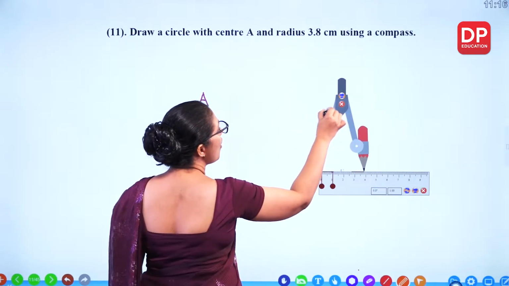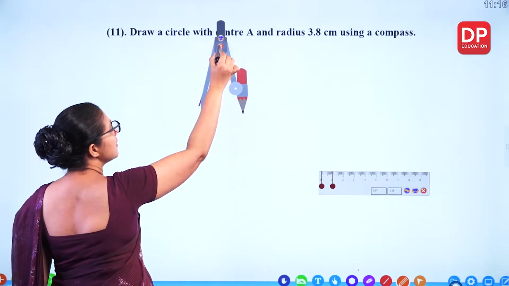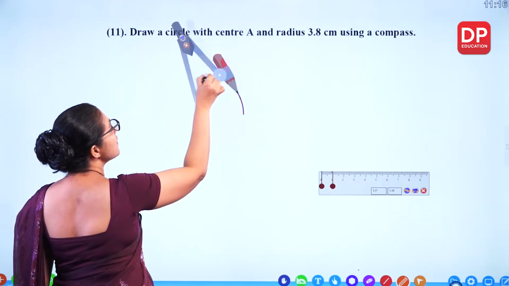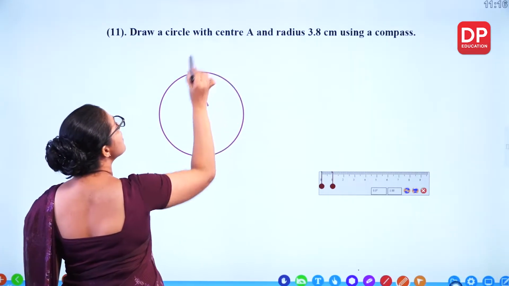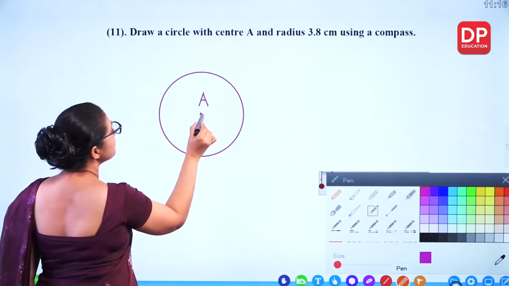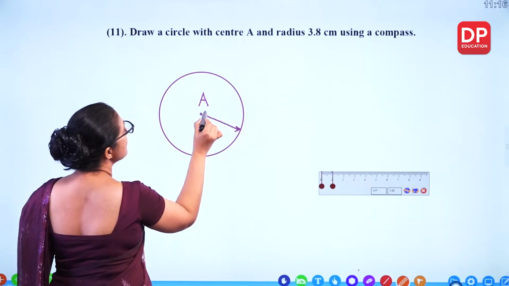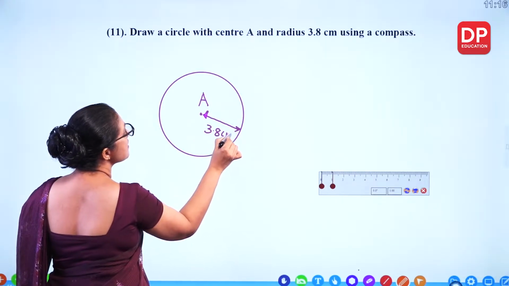Now you keep the compass on top of point A, that's the center. And now draw the circle. So that's the circle with center A and radius 3.8. So this length is 3.8 centimeters.